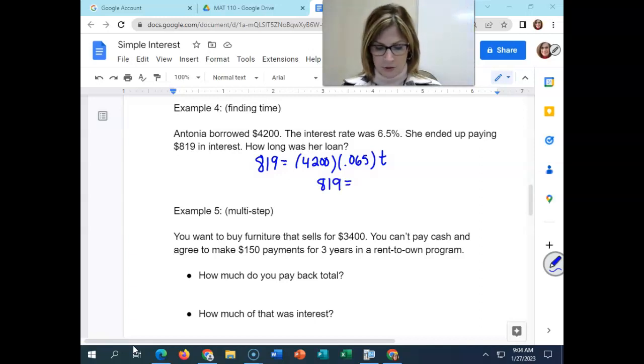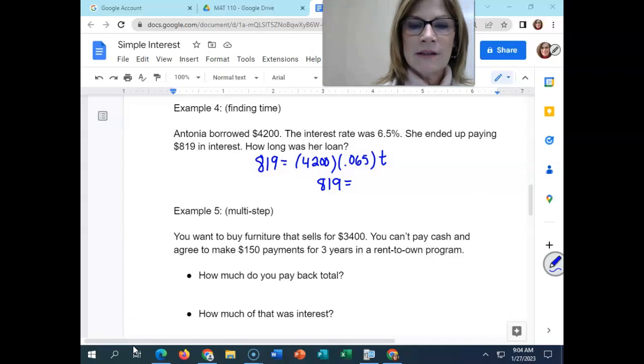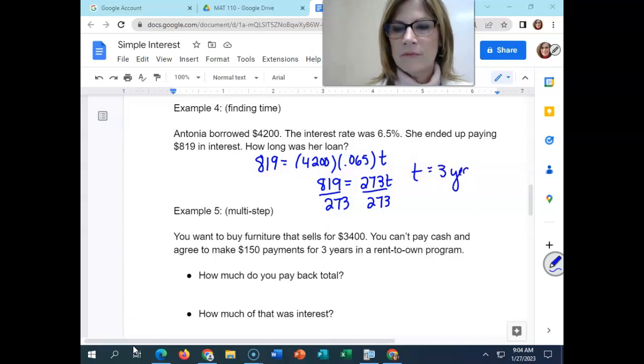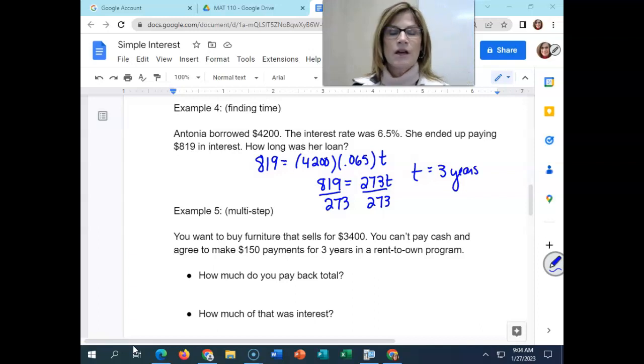So 4,200 times 0.065, so I got 273. So 819 divided by 273 is 3 years. So you'll notice on all of those that we will be given 3 of the 4 variables. We may be trying to find the interest, the rate, or the time, but we will know 3 of the 4.